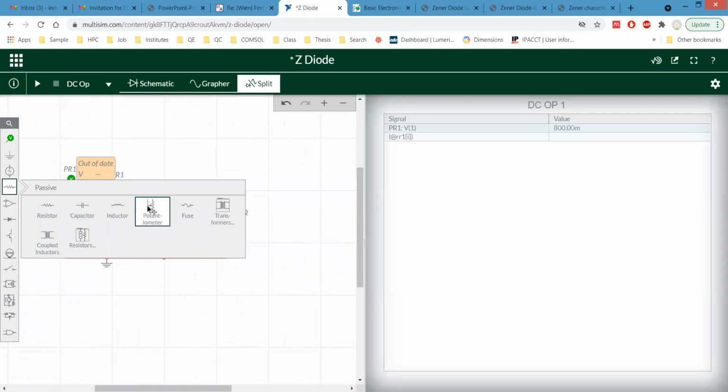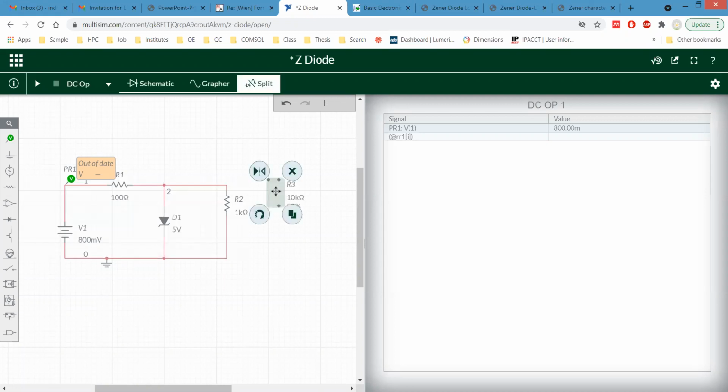So a potentiometer, instead of this one we need this. Have you drawn any circuit using this Multisim? Along with it, just now I drew the previous one, the Zener diode, sir.